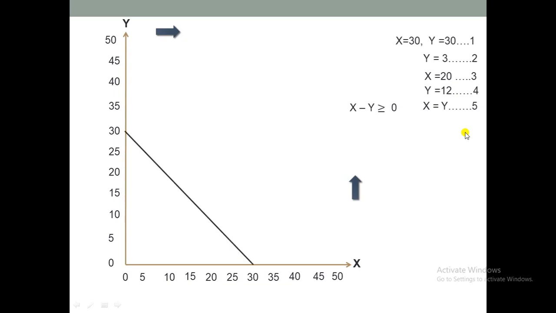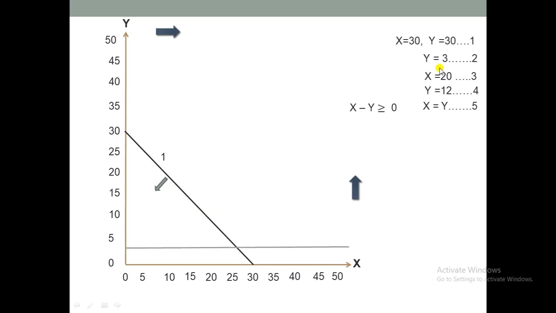x 30, y 30, so this is going to be the straight line which represents x 30 and y 30. This is for equation number one, and it is a lesser than type equation, so I will consider the region below the line.